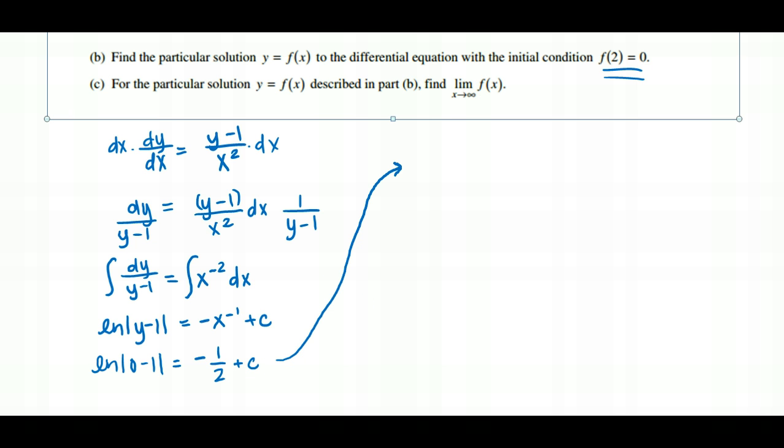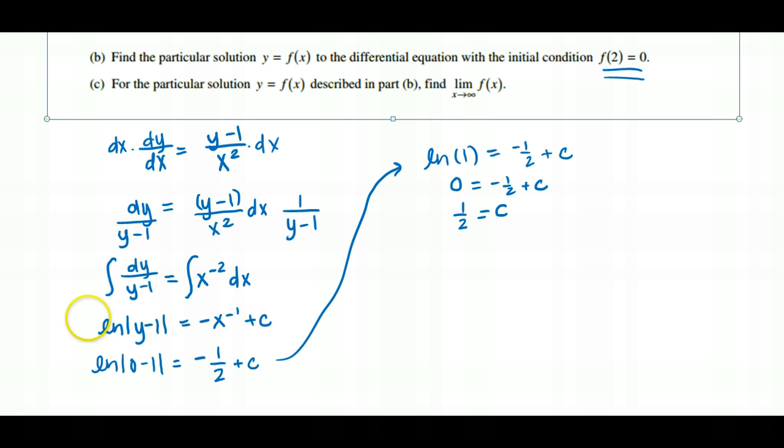I have natural log of 1, so this would be negative 1, but the absolute values make it positive, equals negative 1/2 plus c. Natural log of 1 is a value we should know to be 0, equals negative 1/2 plus c. Add the 1/2 over, c must be positive 1 over 2.